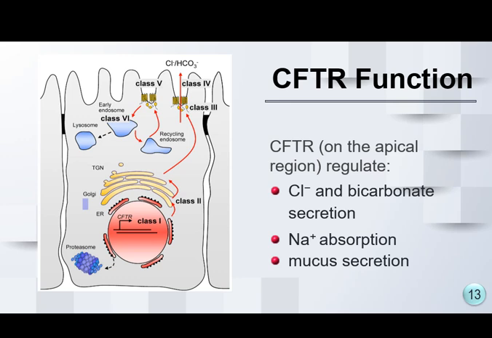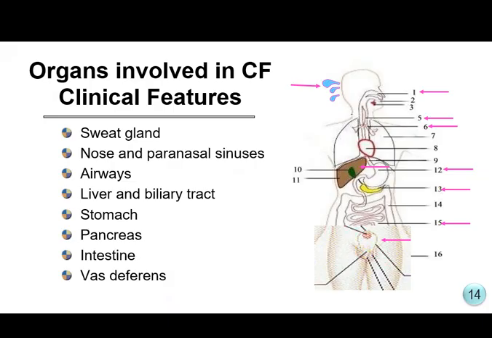Okay, just think about what happens if you have a defect in the protein. The chloride ion is going out like crazy. So where do you have this CFTR protein? All the exocrine glands, right? For example, your sweat gland, your skin, nose and paranasal sinus.